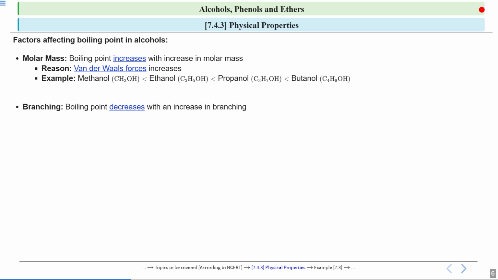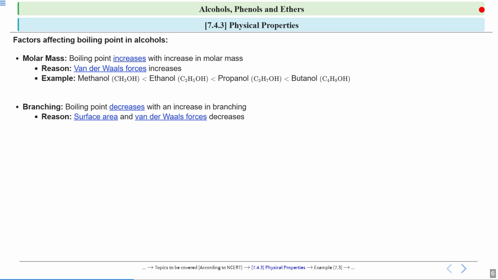Next is the branching. So molar mass is one of the factors that affects your boiling points. The next factor is the branching. So boiling point decreases with increase in branching. If the branching in your compound is increasing, you will see that there will be a decrease in the boiling point. This is because, consider a straight carbon chain.